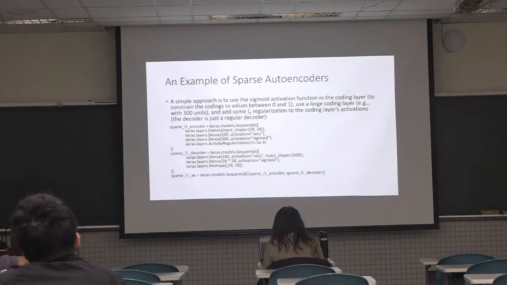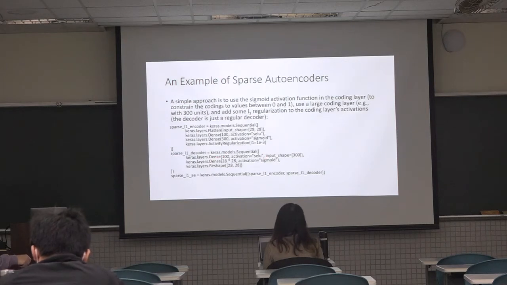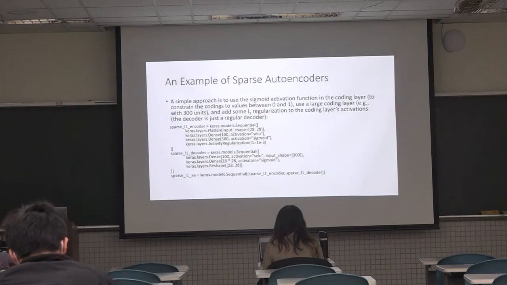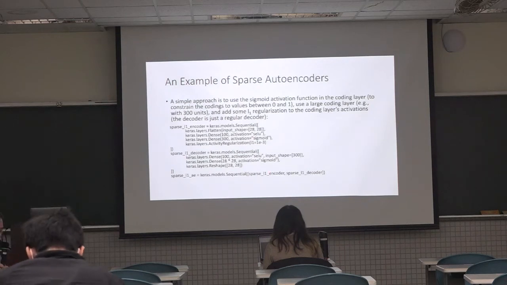From the 300 outputs you go to 100 neurons, and the other part is the same as the previous one. Then you combine the encoder and decoder into the autoencoder. That's it. This is an easy way to achieve a sparse autoencoder.